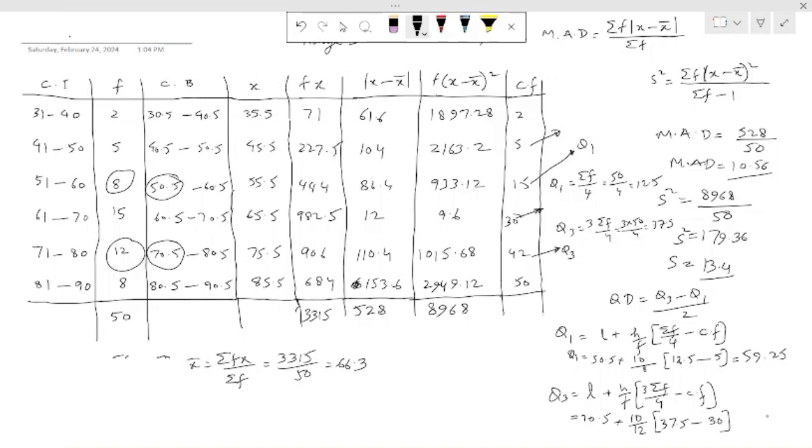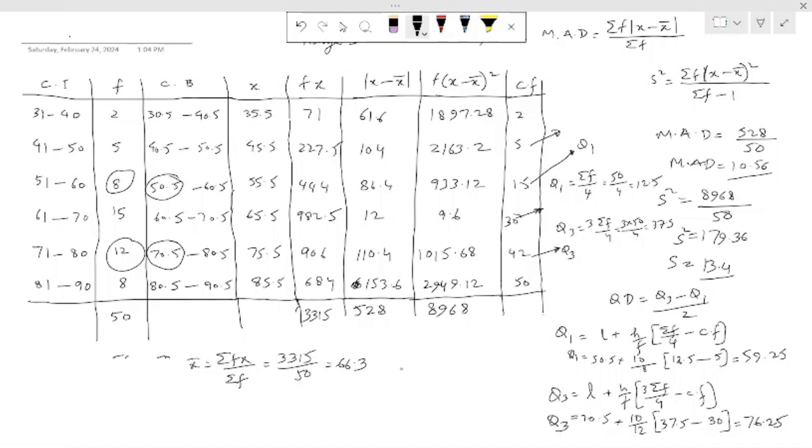Preceding frequency to the Q3 group we take into consideration, and that's again 7.5. The difference of 37.5 and 30 should be divided by 12 now, multiplied by 10 gives us 6.25, and this 6.25 should be added to 70.5. So the answer is 76.25 is the estimated value of Q3.